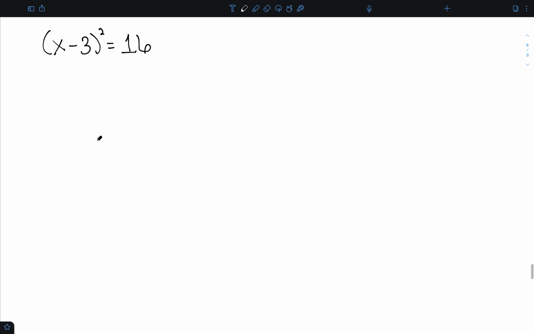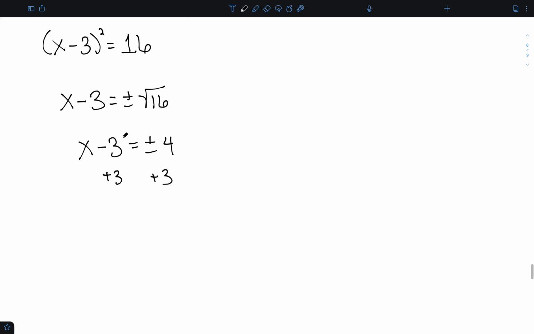Next, let's look at x minus 3 squared equal to 16. On the left, I do have something squared, so I can go ahead and take the square root and get x minus 3 is equal to plus or minus the square root of 16. Or x minus 3 is equal to plus or minus 4.